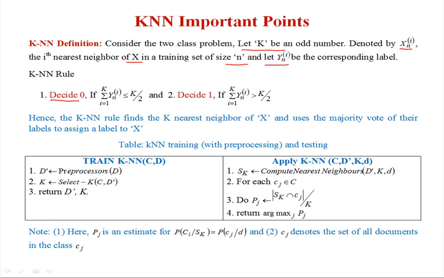a document will not be part of the class y if the number of the k nearest neighbors belonging to class y is less than or equal to k by 2.